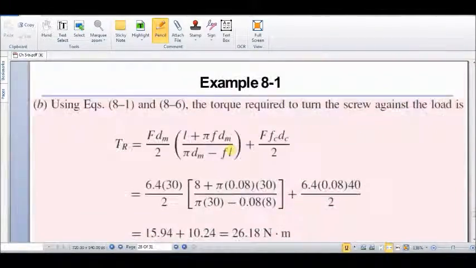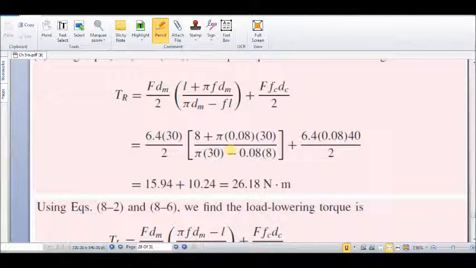As mentioned, the load is 6.4 kilonewton, right? And dm was 30 millimeter. Either you can convert this load to newton, then you have to convert all these parameters to meter, I mean dm or L, you should convert to meter.